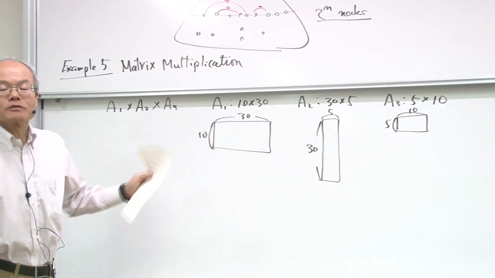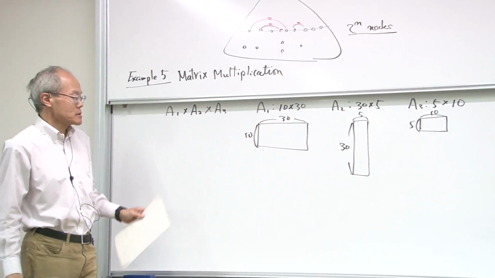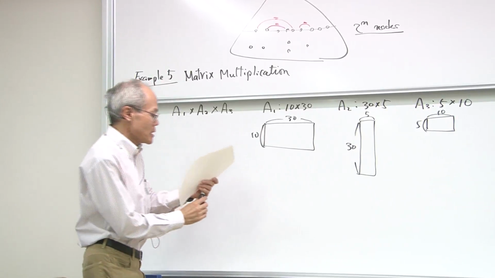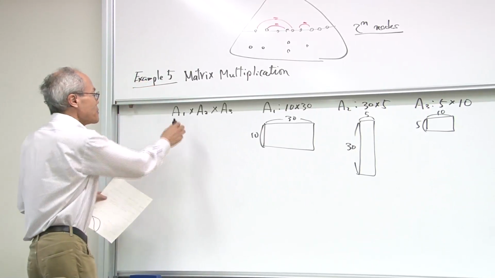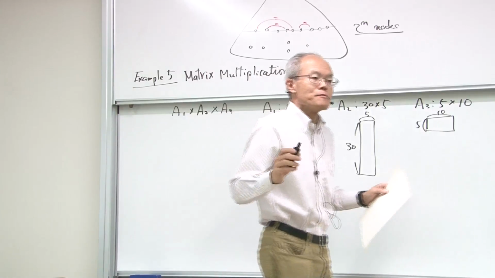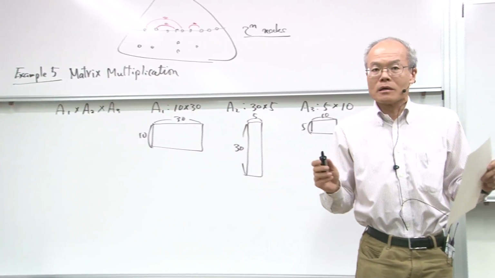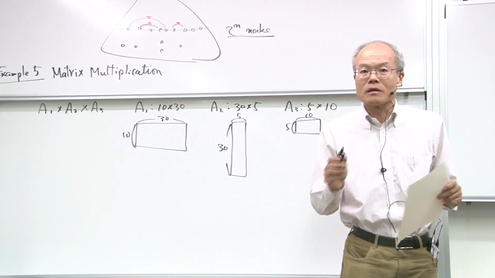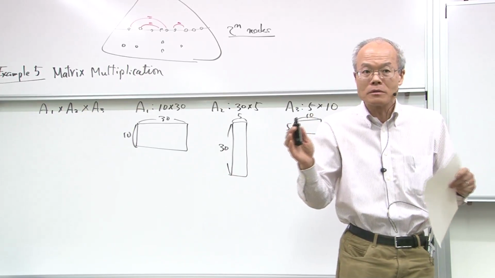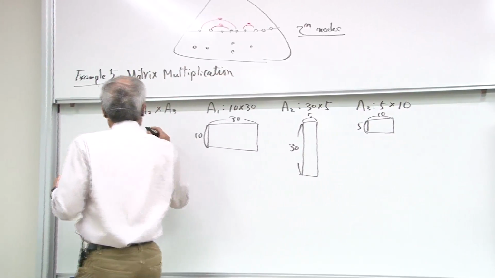We just want to multiply those three matrices. We have two different ways, since for matrix multiplication the associative law holds.